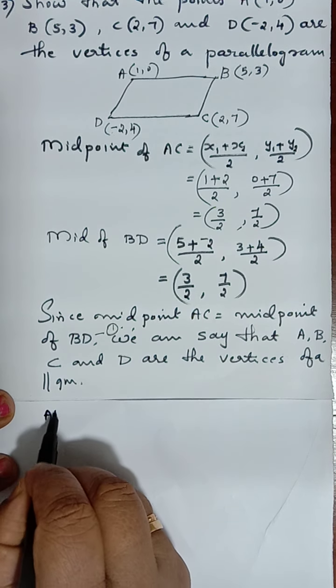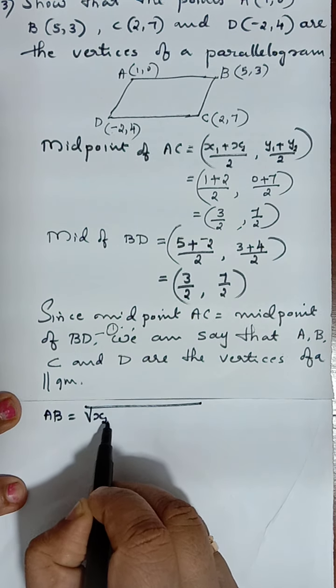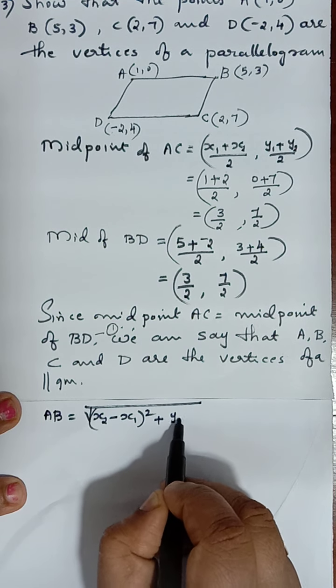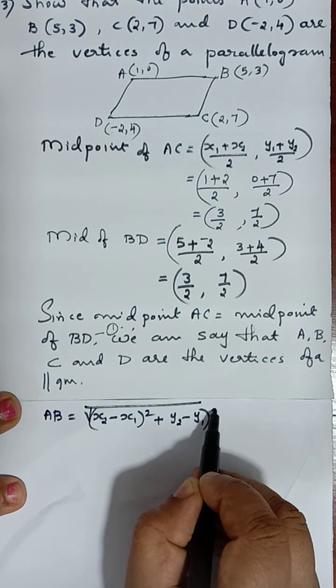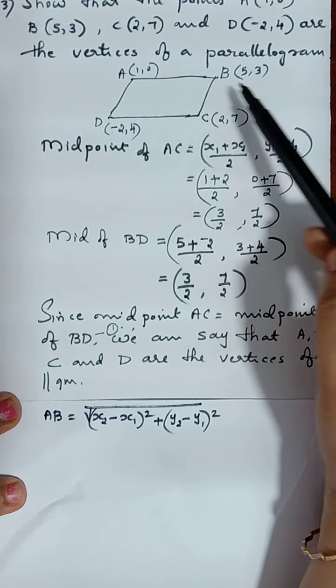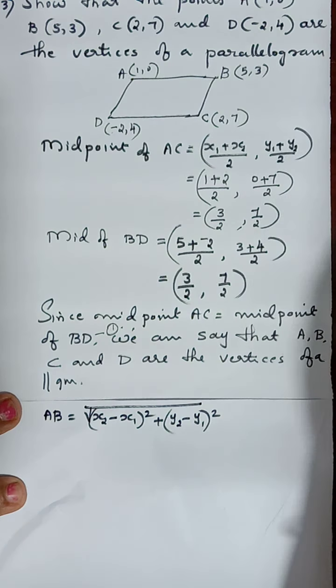What is AB equal to? Here we have to use the distance formula: root of x2 minus x1 whole square plus y2 minus y1 whole square. For AB, here we have A (1, 0), B (5, 3).